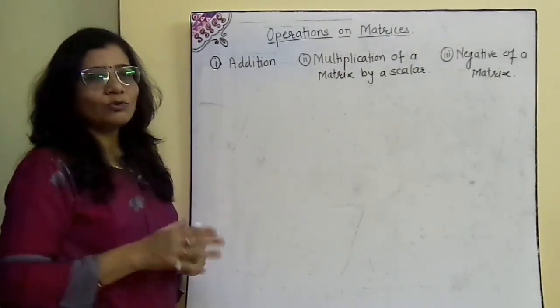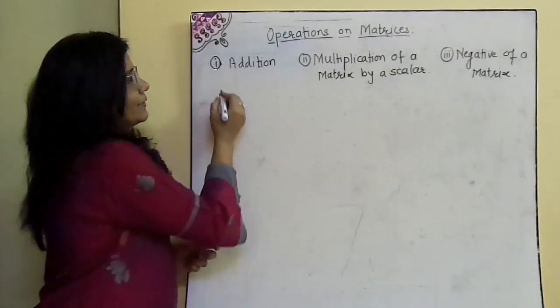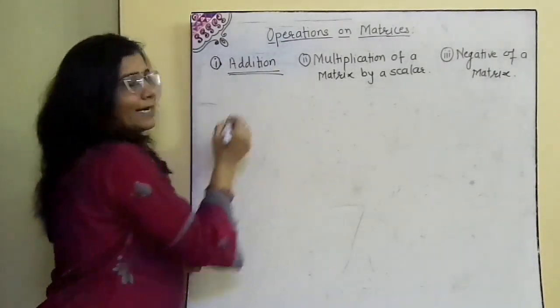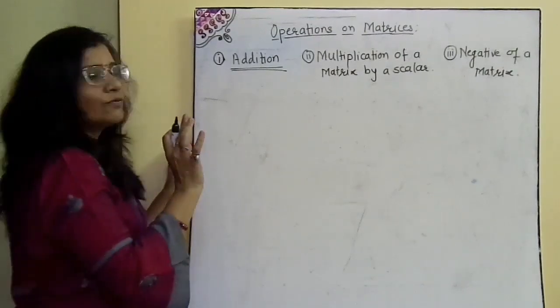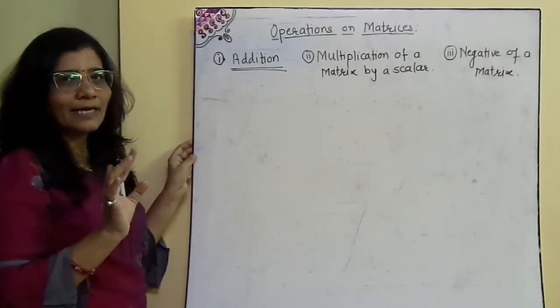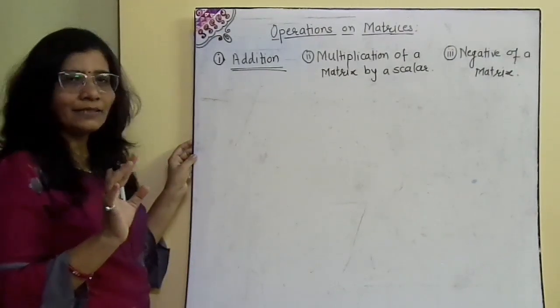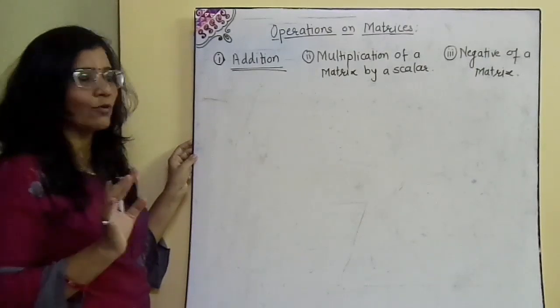Now, when can two matrices be added? For addition, they must have the same order. Only one condition is there: we can add two matrices having the same order only.